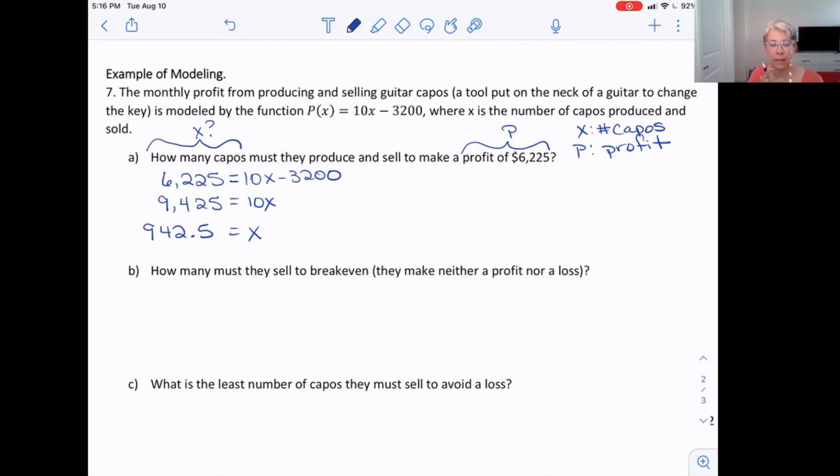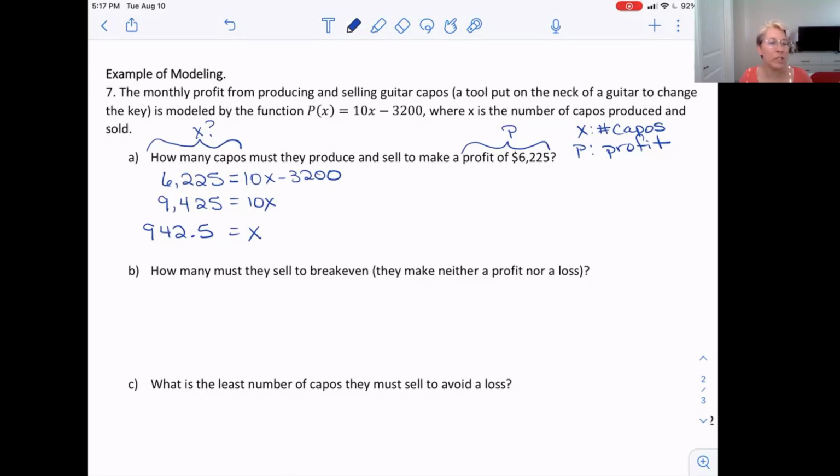Now, here's something that I want you guys to learn, especially those of you that are going on to a business calculus course. Can you sell 942.5 capos? No, we can't produce and sell half a capo. Now, I know normally if we were to round, a decimal of 0.5 or higher, you would round up.